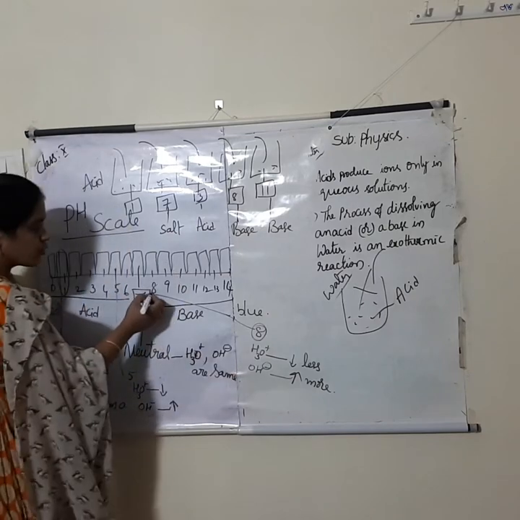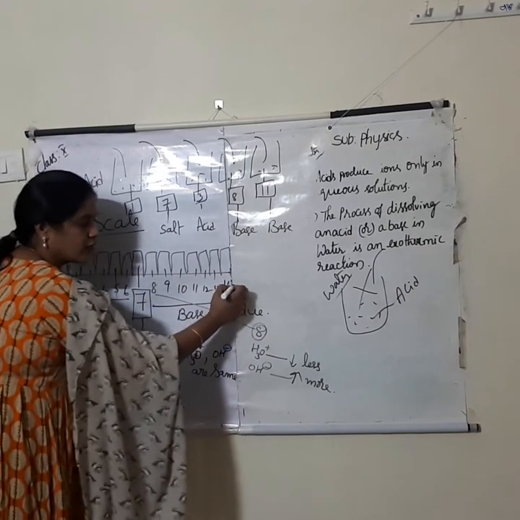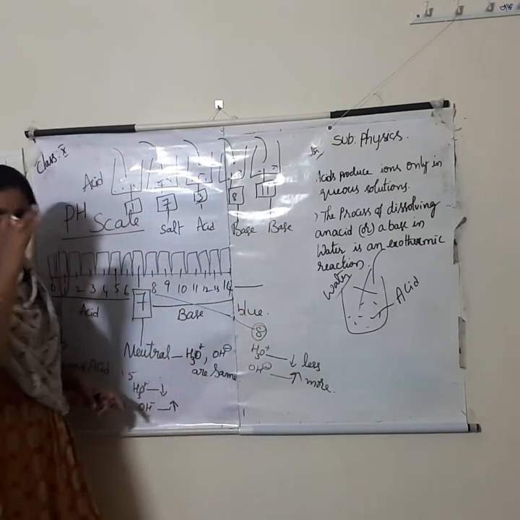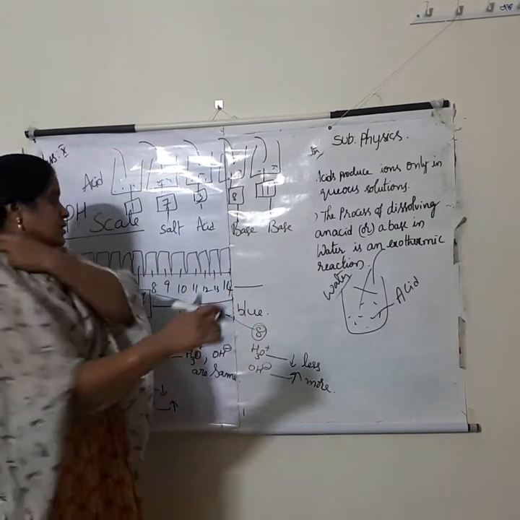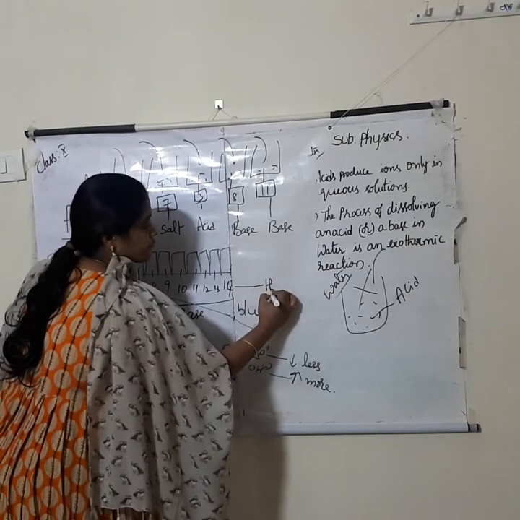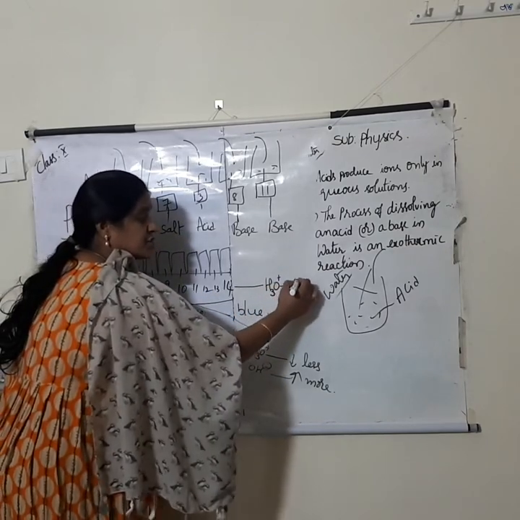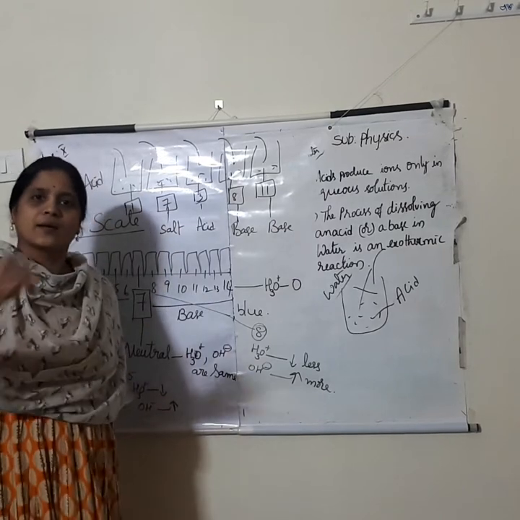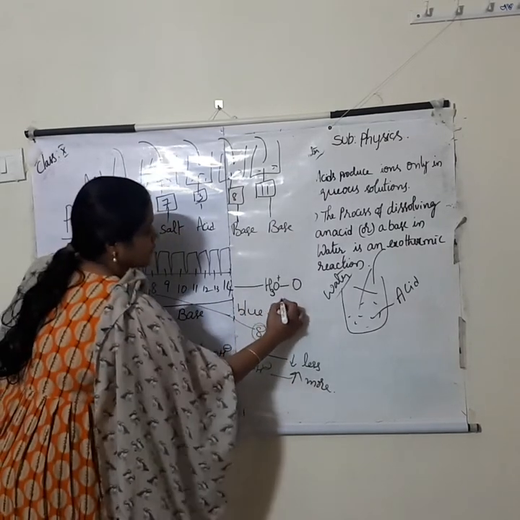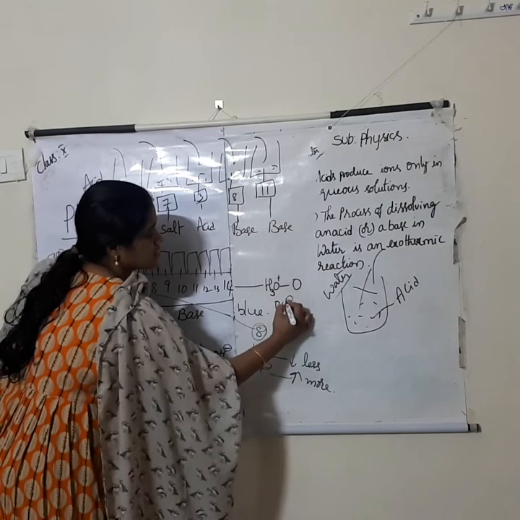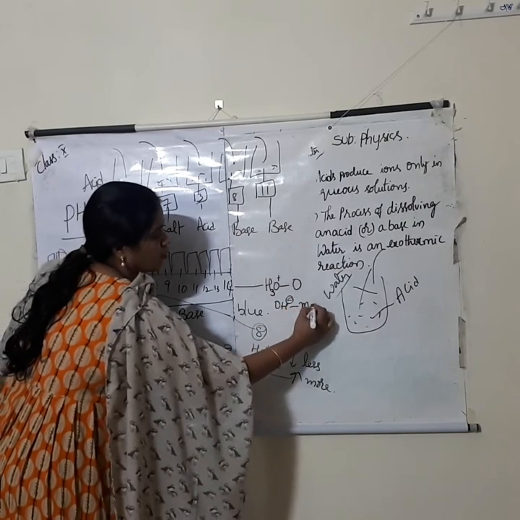And when you go from 8 to 9 and so on till 14, at the value of 14, the number of H3O+ ions is completely zero or very less, and OH- ions are more.